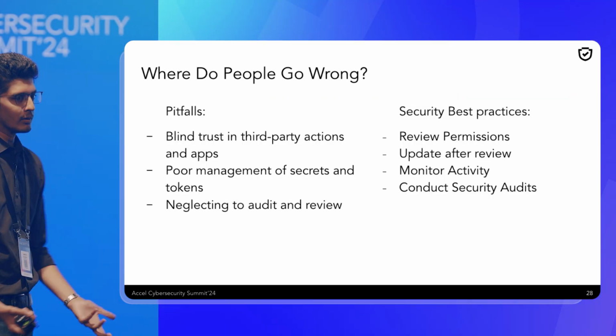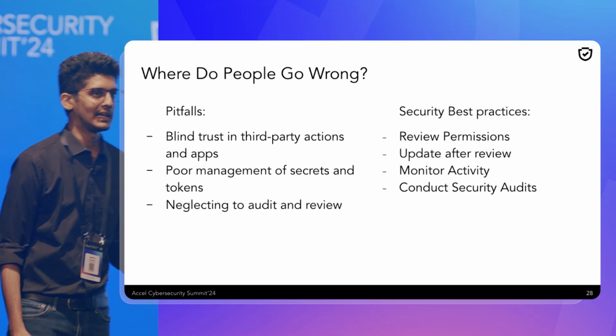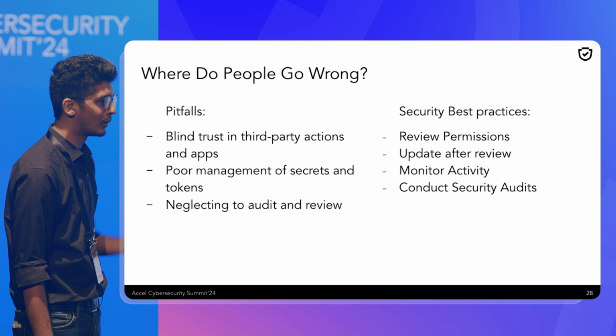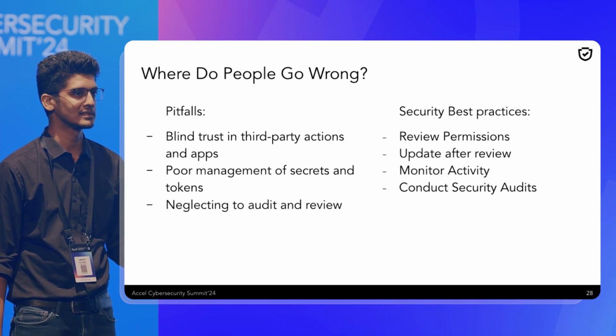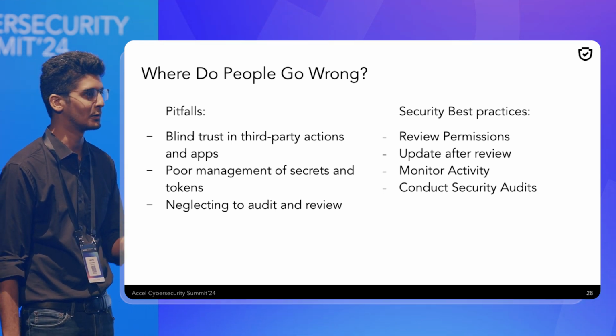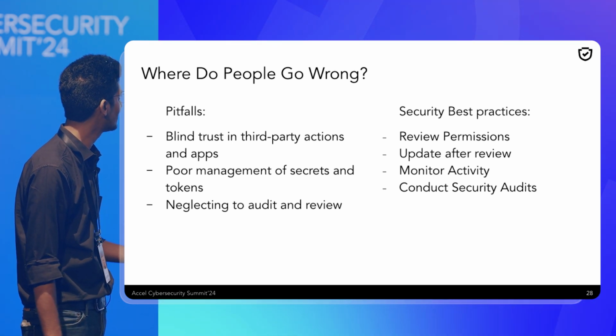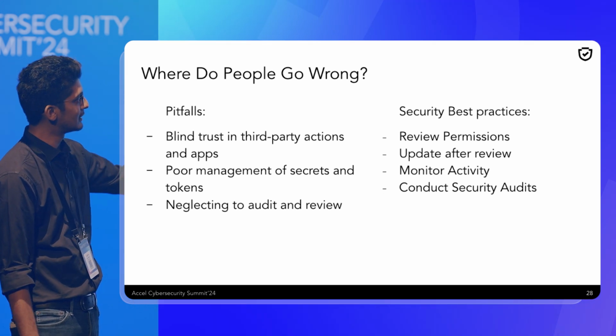So where do people go wrong when it comes to third-party GitHub apps and actions? What we mentioned previously: people blindly trust third-party apps and actions. People think it's okay to give complete access or to not review the app. And these are some of your best practices.